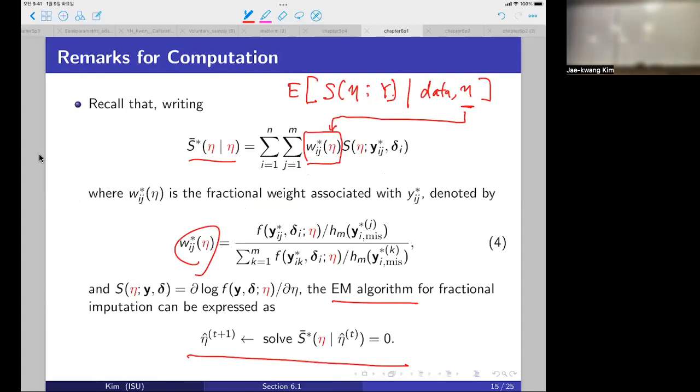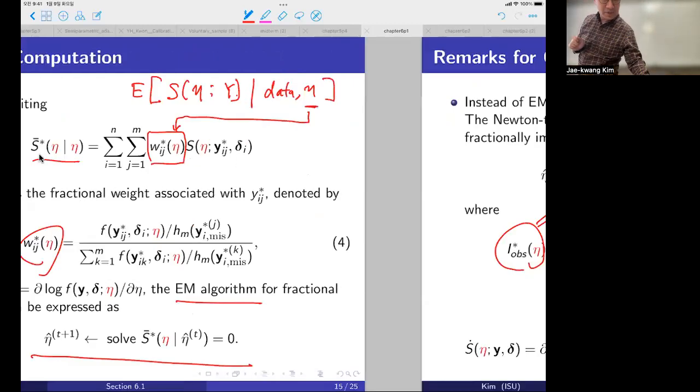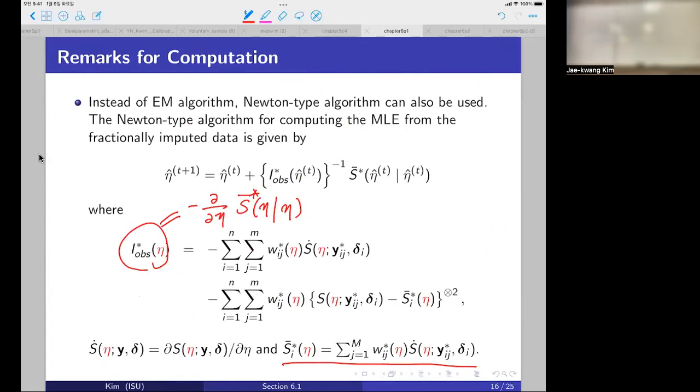So if you are actually going to compute the partial derivative of the fractional weight, then you actually have some algebra. So maybe this is a good topic for homework. Okay, let's move on.